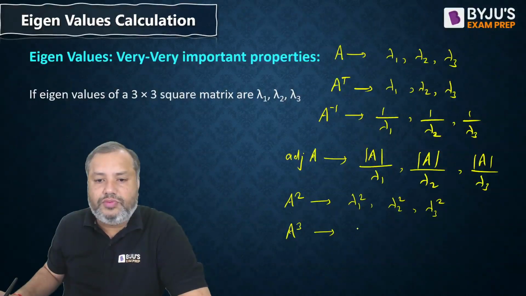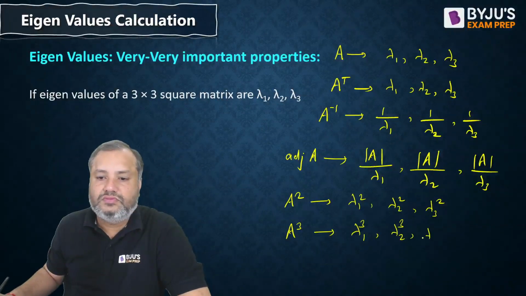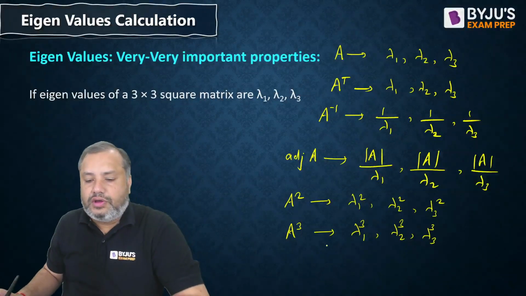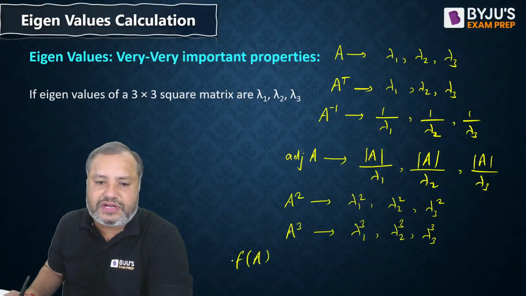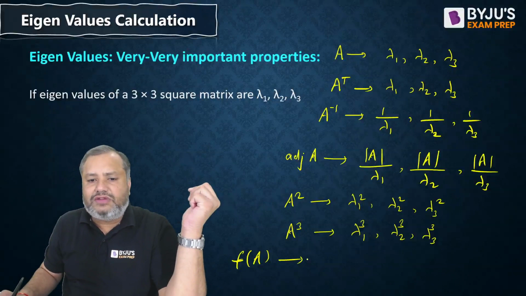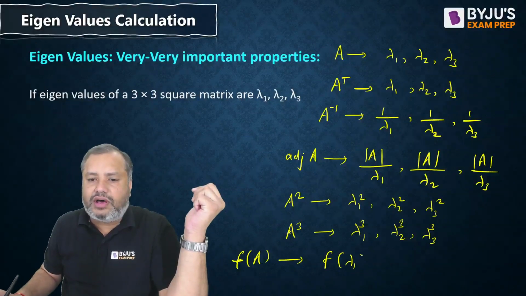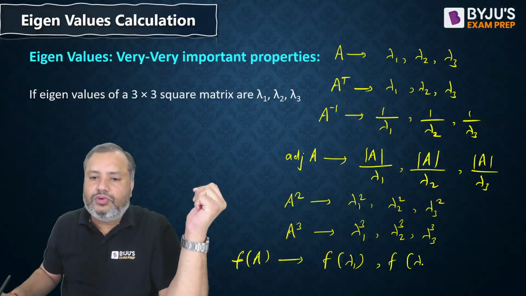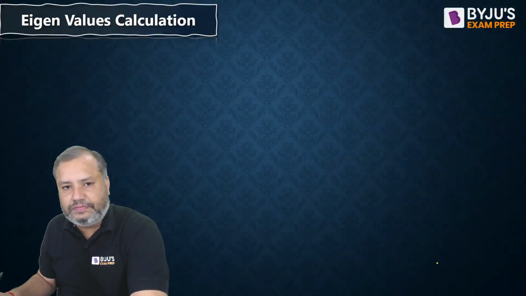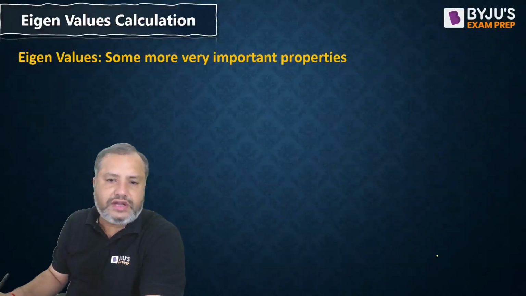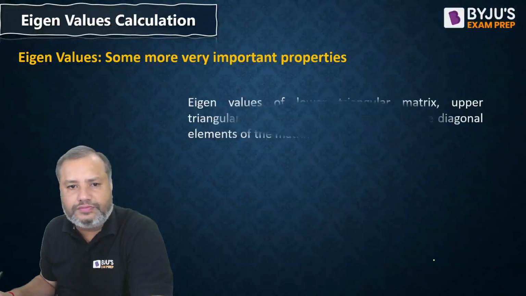Lambda 1 cube, lambda 2 cube and lambda 3 cube. So I can say that if you are looking for the eigenvalues of a matrix represented by f of A, then the eigenvalues will be f of lambda 1, f of lambda 2 and f of lambda 3. So students, these are few very important points. Some more points just ahead of you.